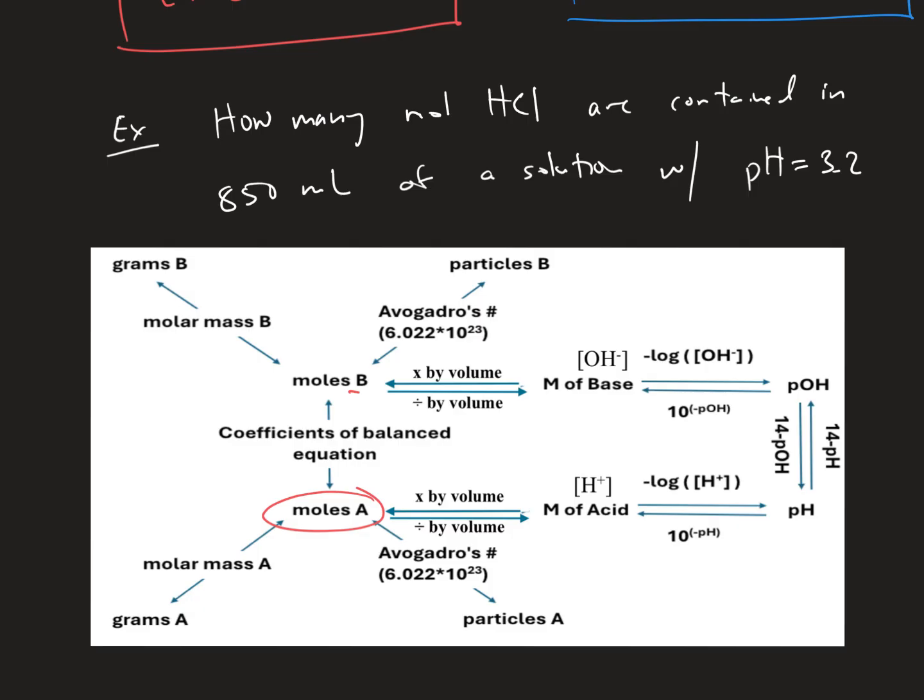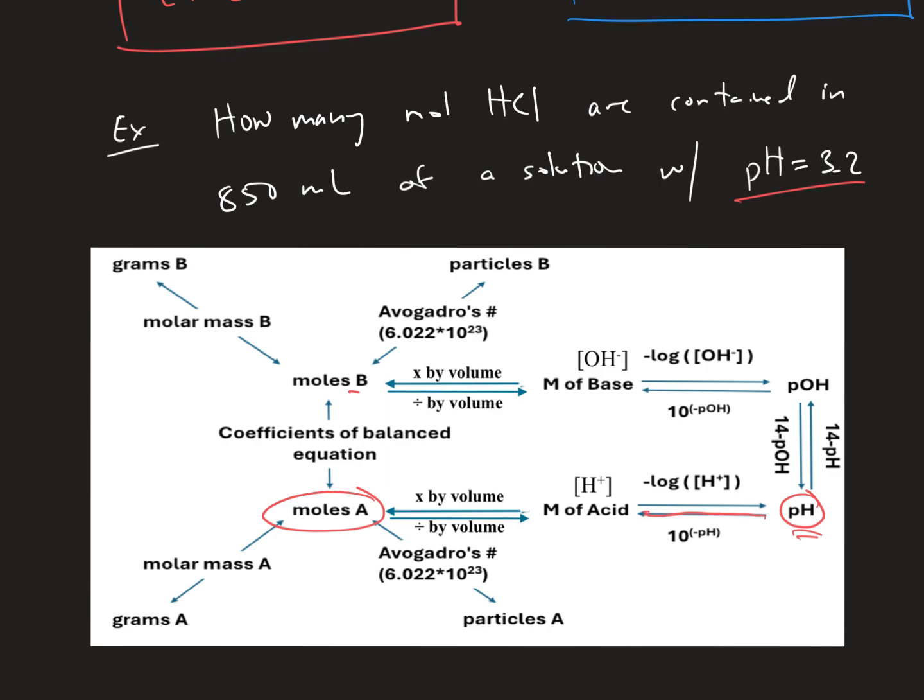We know the volume and the pH. The volume's going to be right here, so we're going to use it in that step, right? So the furthest part away is the pH, so that's where we start. Good? And what are we going to do?